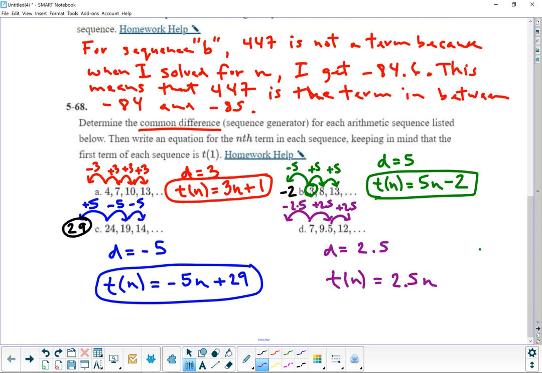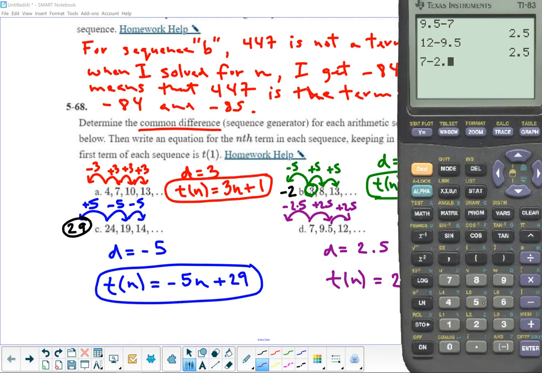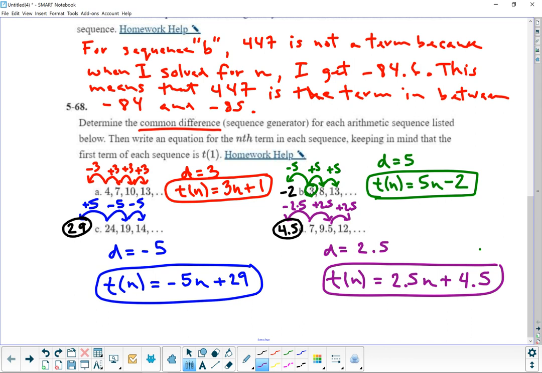So 7 minus 2.5, and use a calculator if you need to, will give me 4.5, and that would be my previous number, or my 0th term. So 4.5 is my 0th term, and that is what I need to add onto my explicit formula.